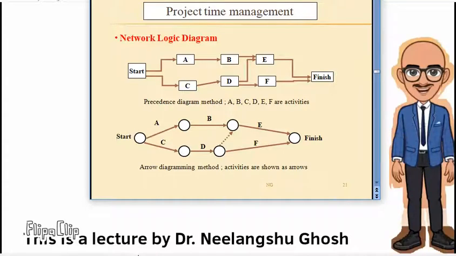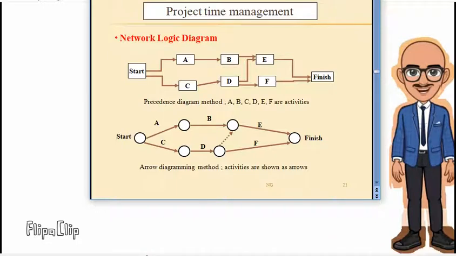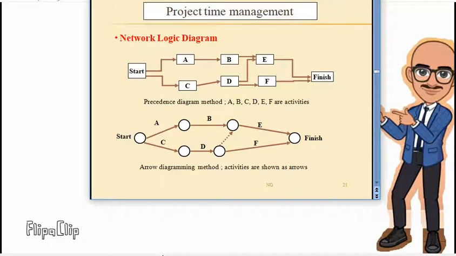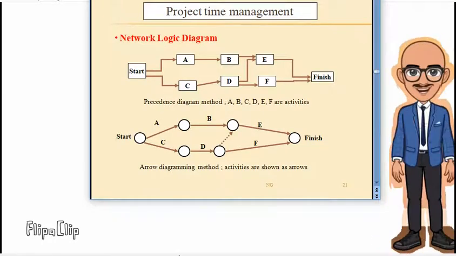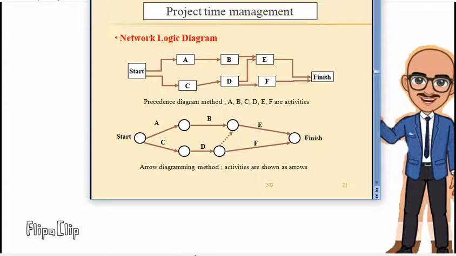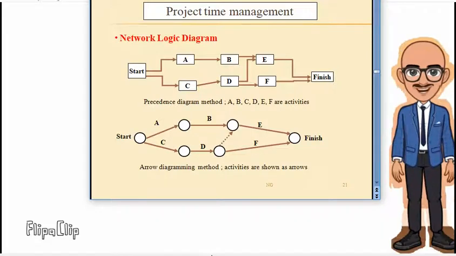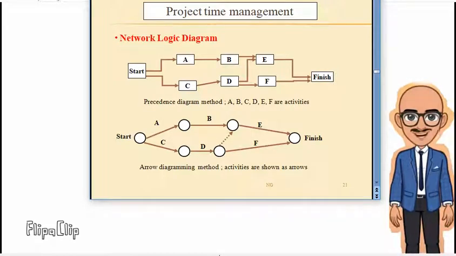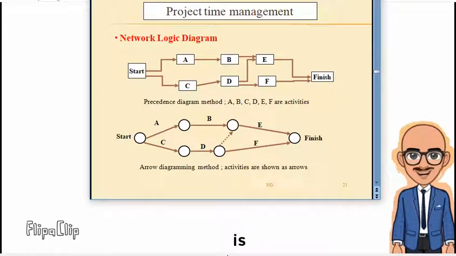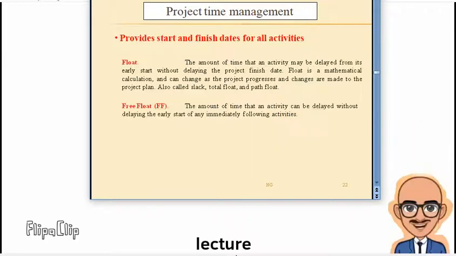In case of CPM and PERT, we mostly use the arrow diagram, where activities are between the nodes, activities have duration, and nodes are instances. Those can be explained in an elaborate manner when we discuss PERT and CPM.